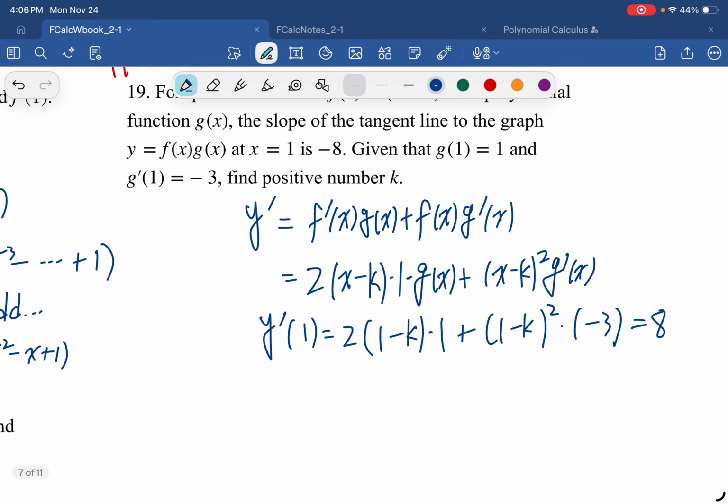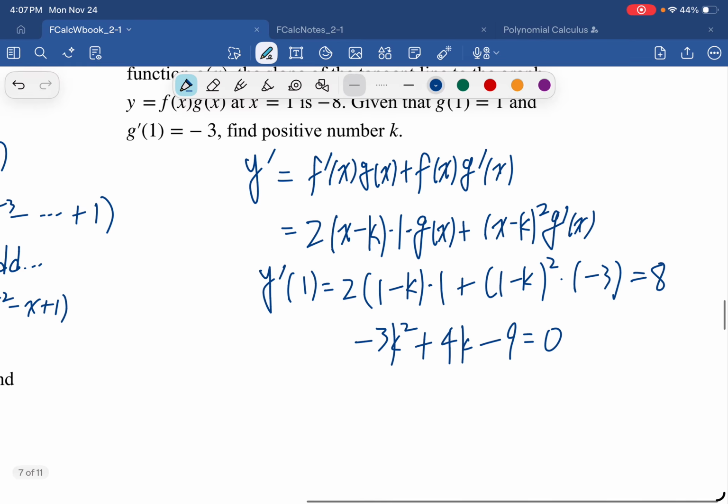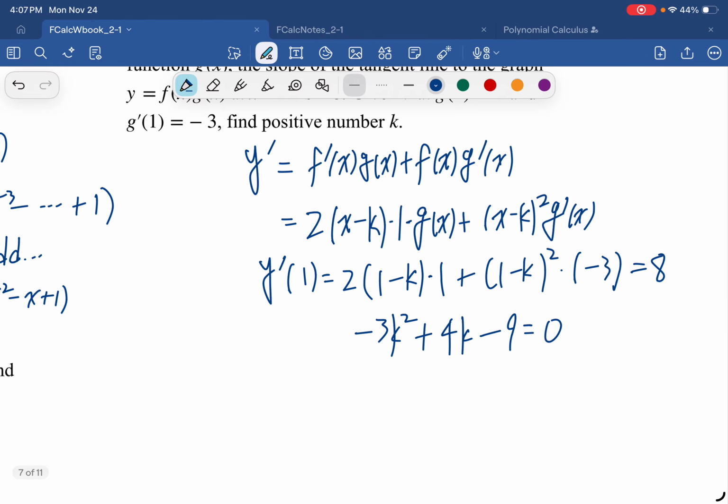All right, so let's expand this out. We have k squared minus 3k squared. We have minus 2k, so that's positive 6k minus 2k, so that's positive 4k. And we have minus 3 plus 2, so that's minus 1. And then we have minus 8. So minus 9 equals 0. So we have this quadratic equation.